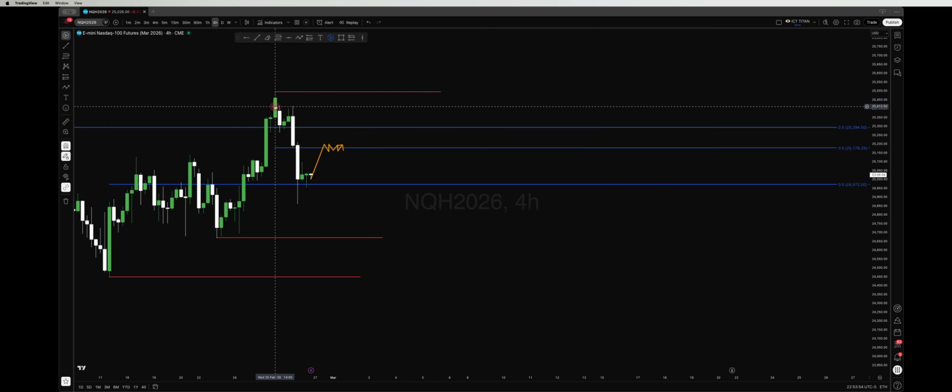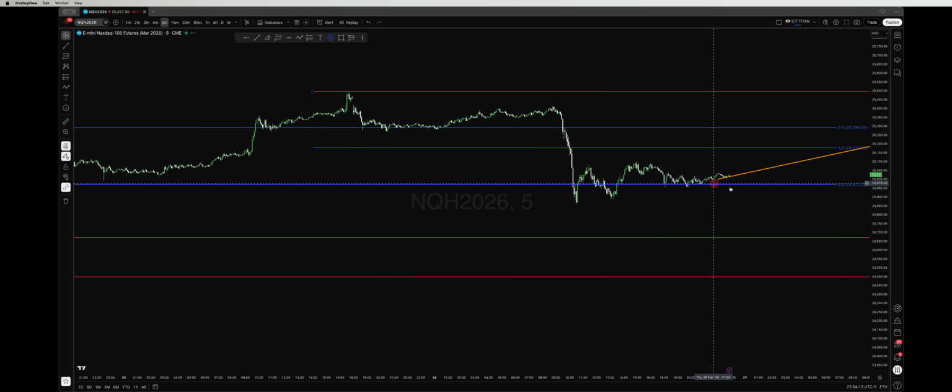Because this is not a big dealing range for a higher time frame. For a higher time frame, it might not even be a consolidation, it's just one candle, one 4 hour range, or just a wick. But for the lower time frame, like 5 minutes, 1 minute, you can see a consolidation right here. That means go down here.